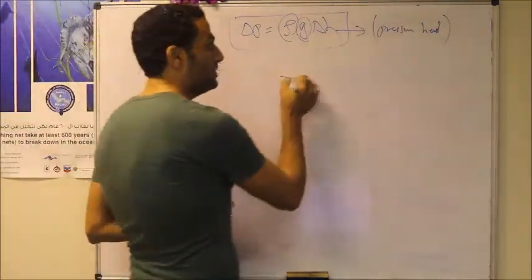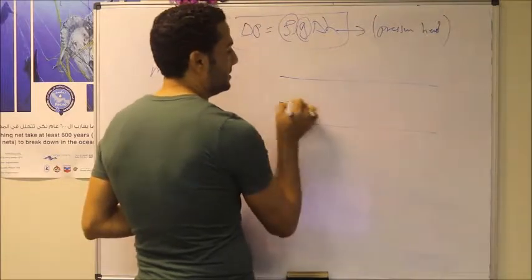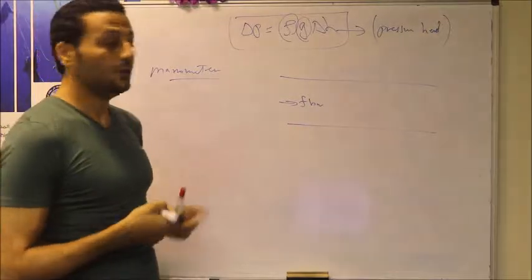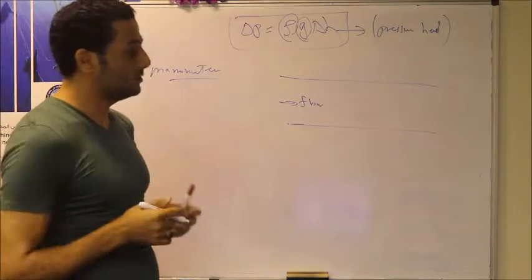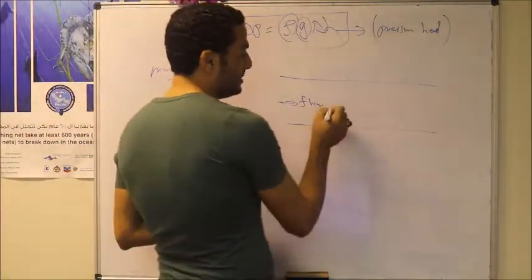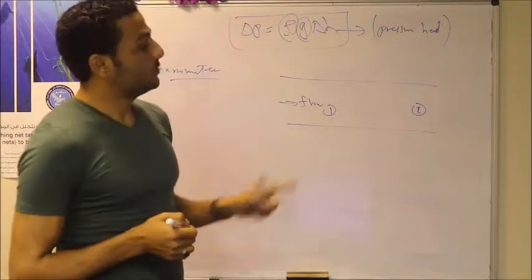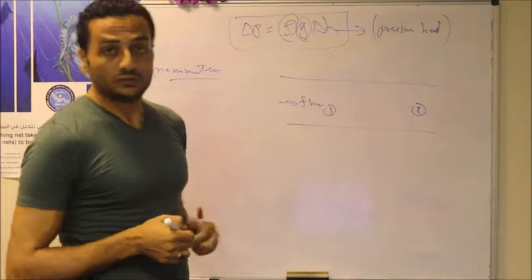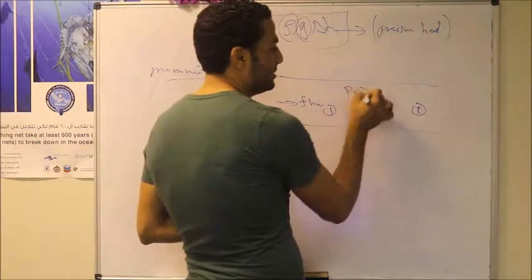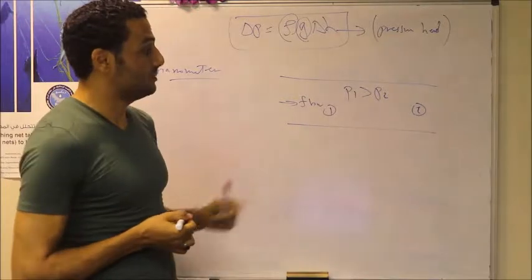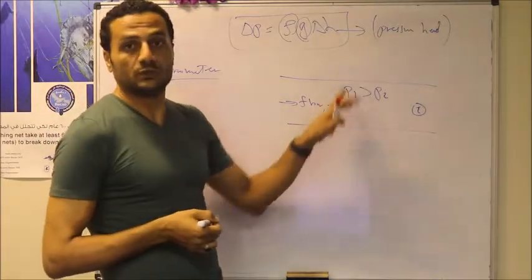Let's say we have a flowing fluid inside a pipe or something. In this case we are not talking about fluid statics. We need to measure the pressure of a flowing fluid between 2 points. Let's say we have point 1 and point number 2. As the flow is going from 1 to 2, the pressure P1 should be greater than P2 due to the pressure losses and the friction between the flow and the wall.